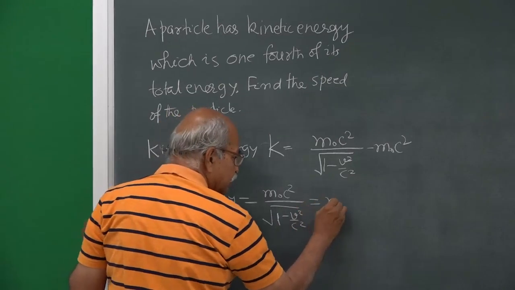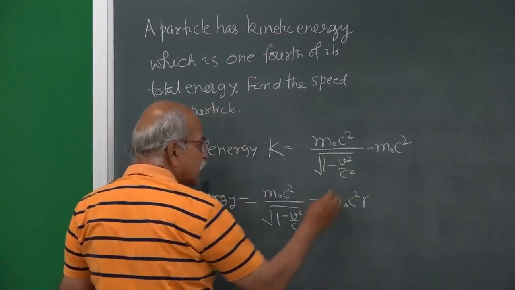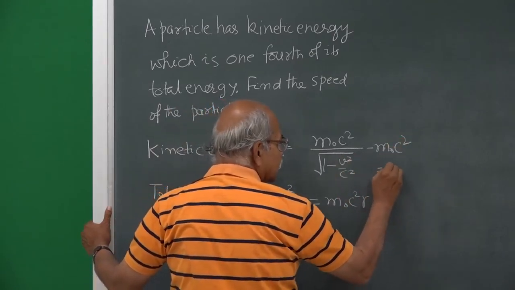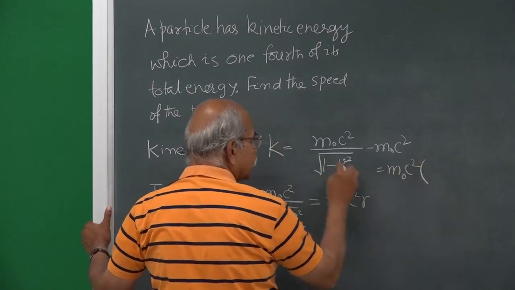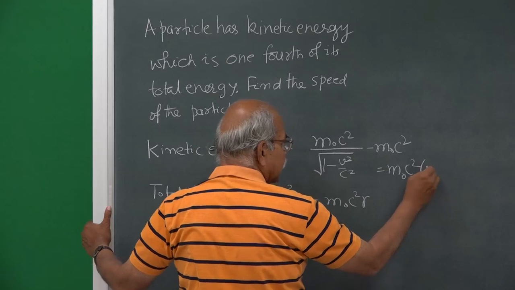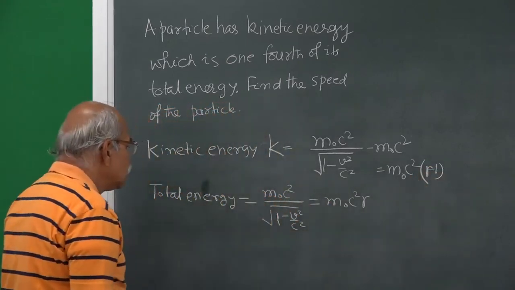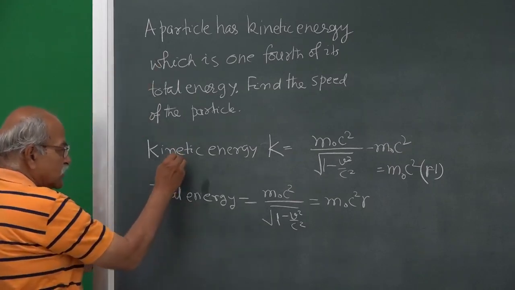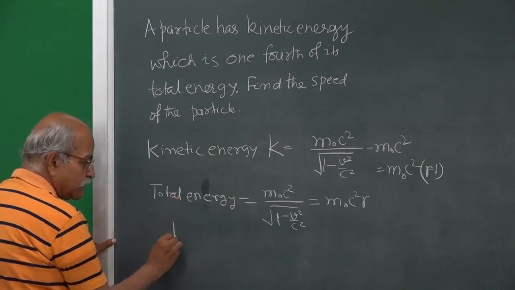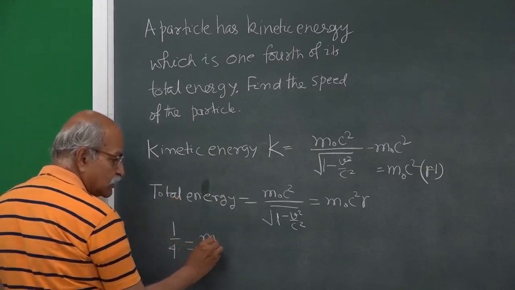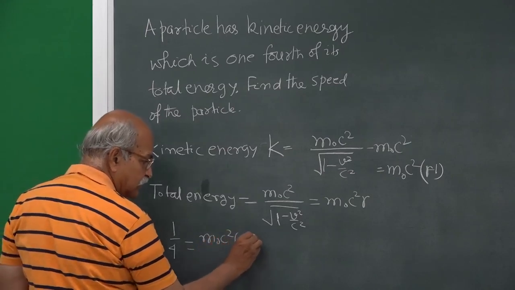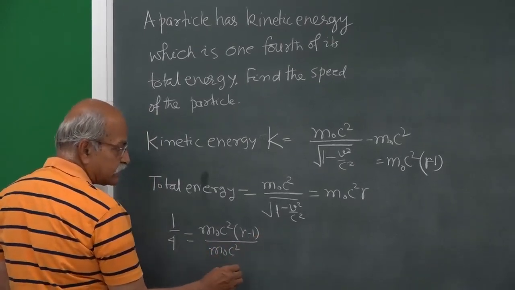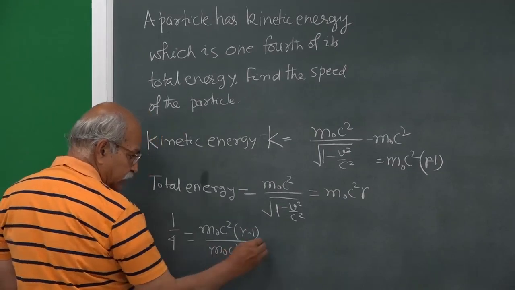You can write this as m naught c square gamma, and if you take m naught c square common, it is gamma minus 1. This is 1/4 of the total energy, so this divided by this should be 1/4. Hence 1/4 equals m naught c square (gamma minus 1) divided by m naught c square gamma.